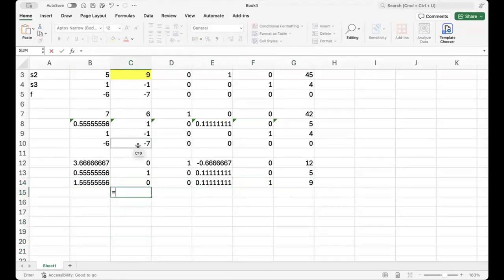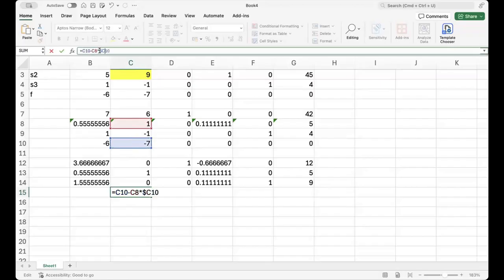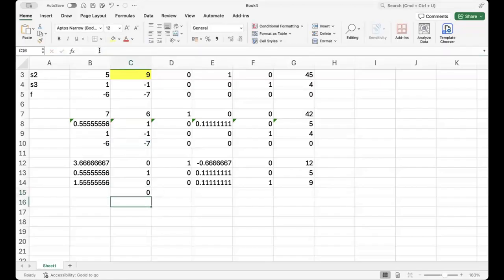The next one, this one, subtract by this one, times with this one, but this must be constant.